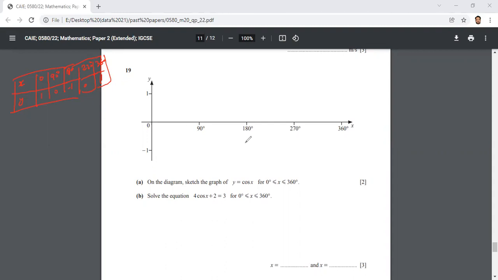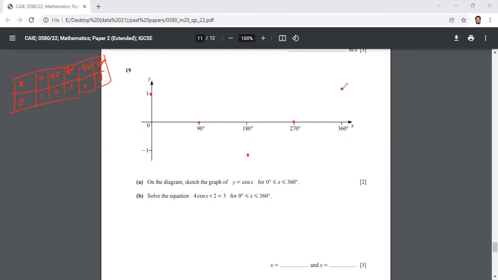So if we try to draw the line, your first point is here, because at 0 it is 1. And at 90, it is 0. This is the point. At 180, we have minus 1, somewhere here. And then we have 270, 0, and 360, 1 again.